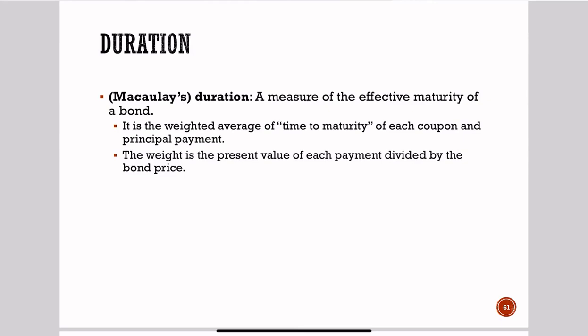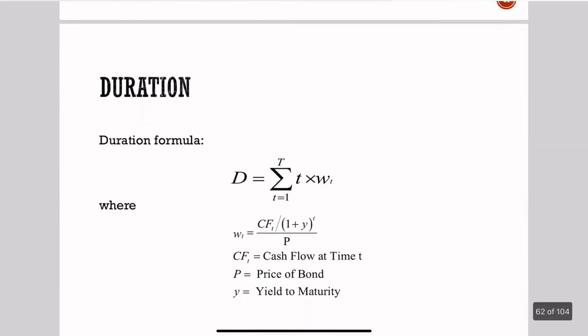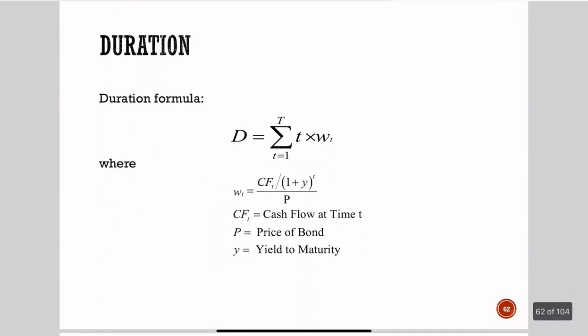Well, because we're thinking about a weighted average, we have to figure out what kind of weight we want to use, right? The weight is defined by the present value of each cash flow divided by the bond price, right? So in terms of formula, duration equals the weighted average of different maturities for different cash flows, right? So here, this T refers to maturity.